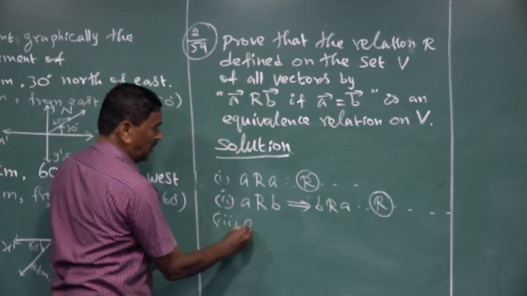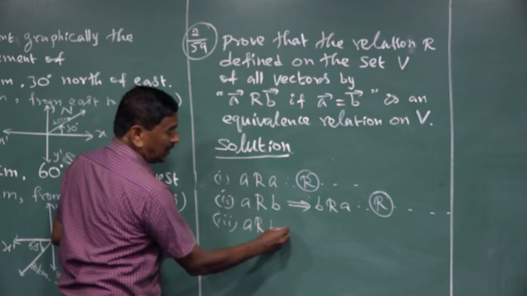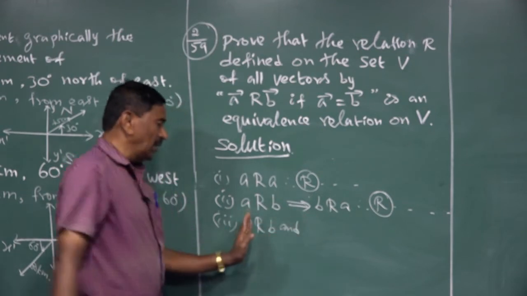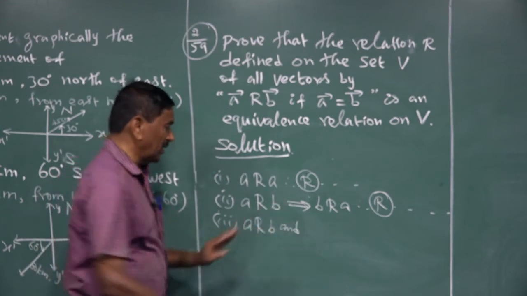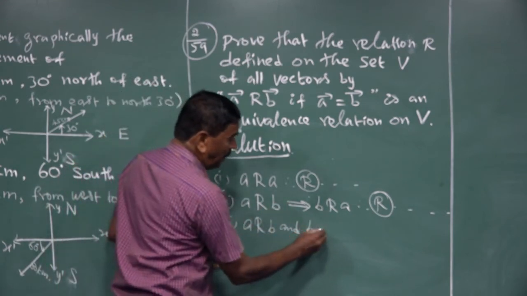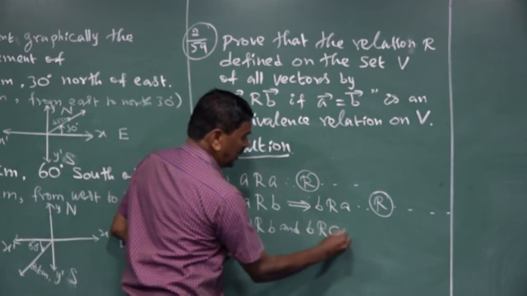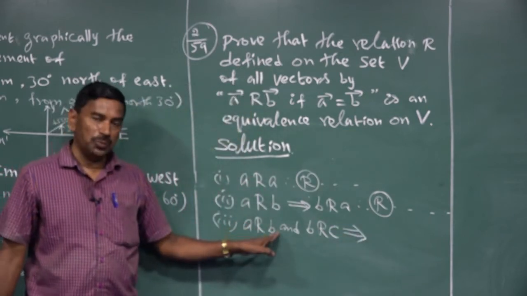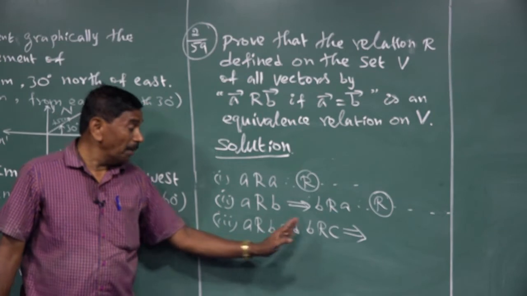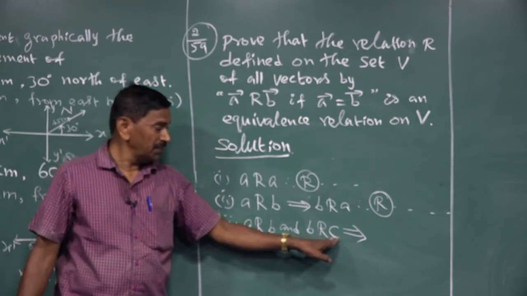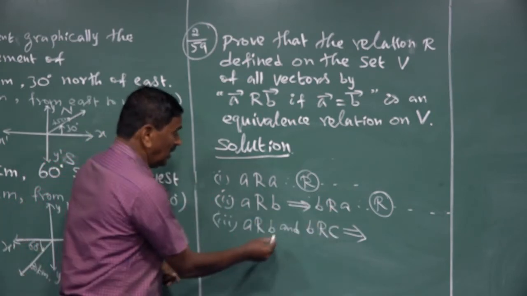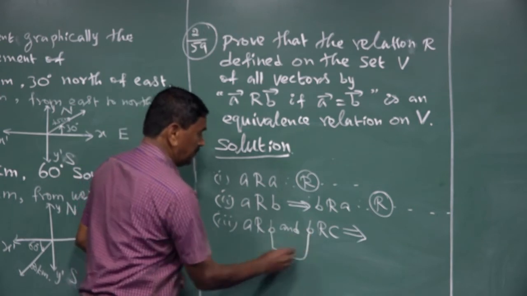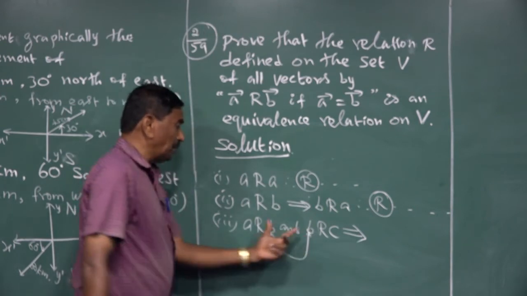Third one: A is related to B and B is related to C, which implies, here the center B's cancel.